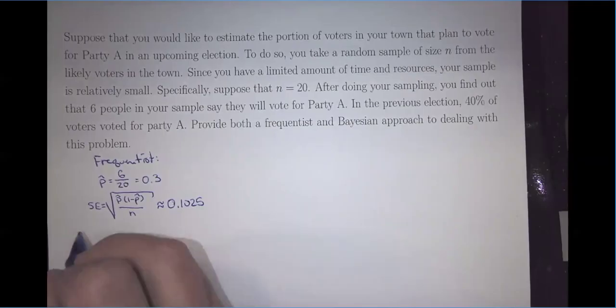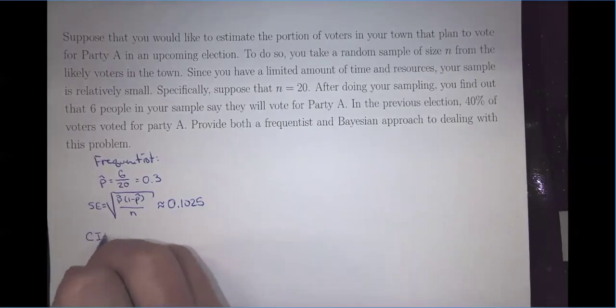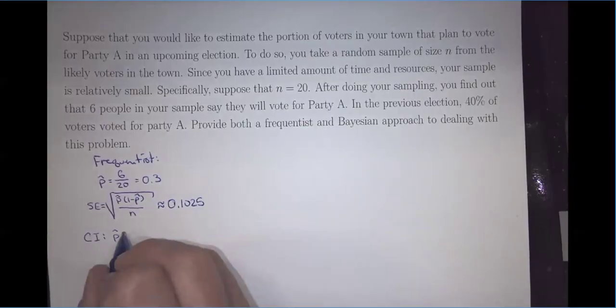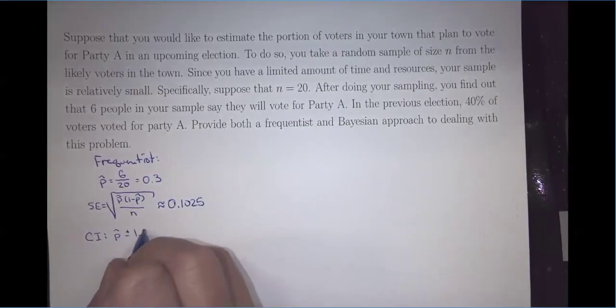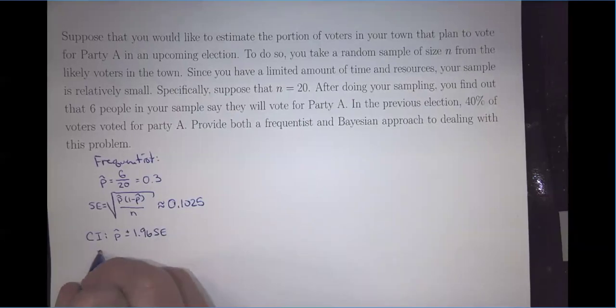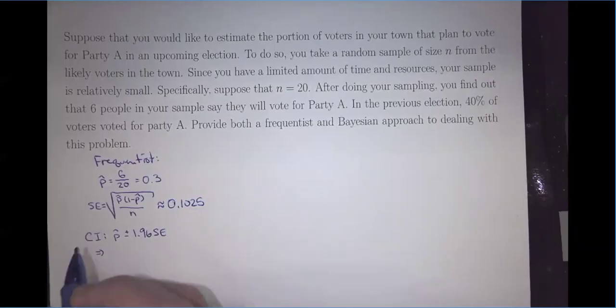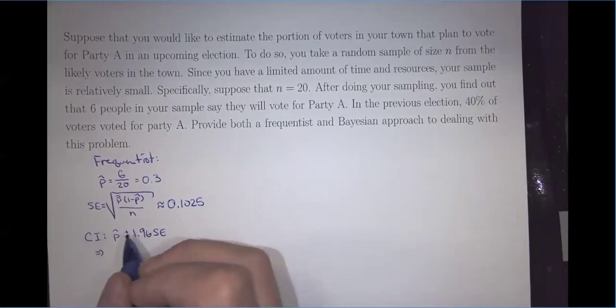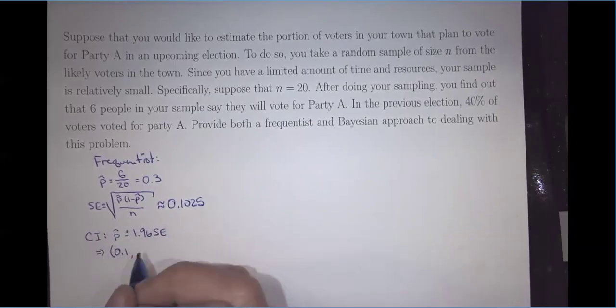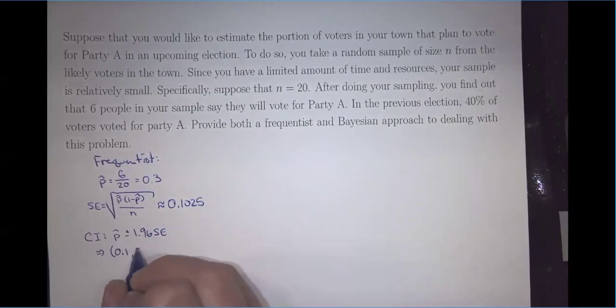All right, so a confidence interval for this, again, we can fuss about whether or not we think 20 is enough for a proper confidence interval, but it's p hat plus or minus 1.96 times the standard error, which gives us a confidence interval in around 0.1 to 0.5, somewhere between 10 and 50%.